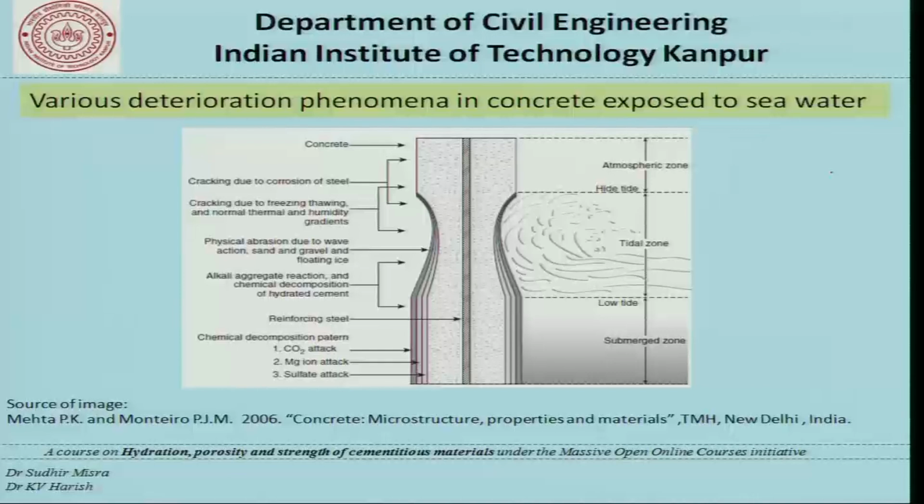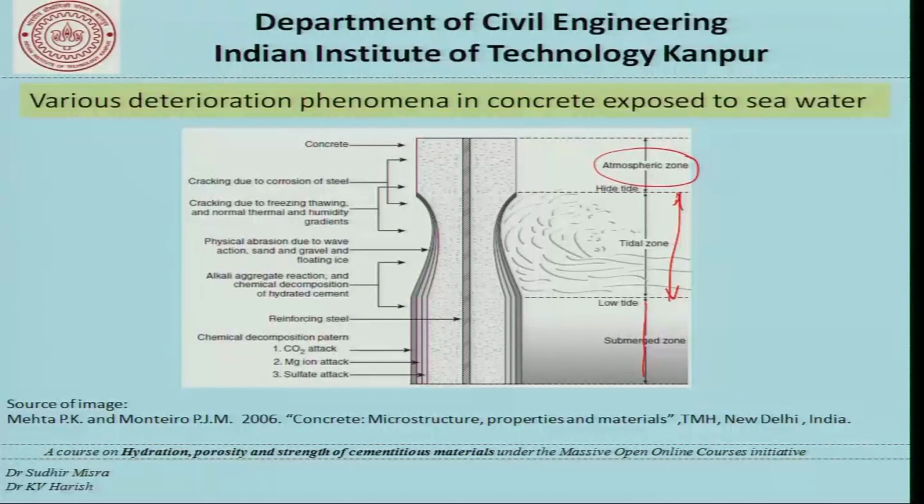This is a model showing a concrete being exposed to seawater. So, we can divide the concrete into a zone where the concrete is largely exposed only to the atmospheric environment and occasional rain and so on. Then there is a tidal zone where the concrete is subjected to wetting and drying.